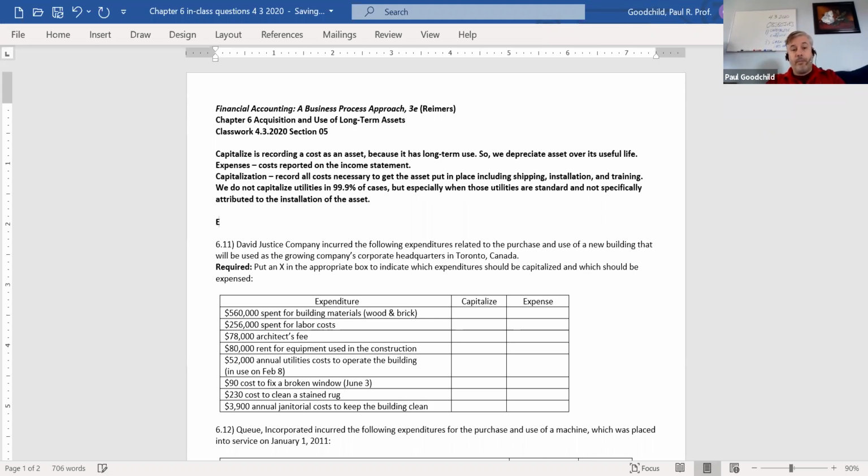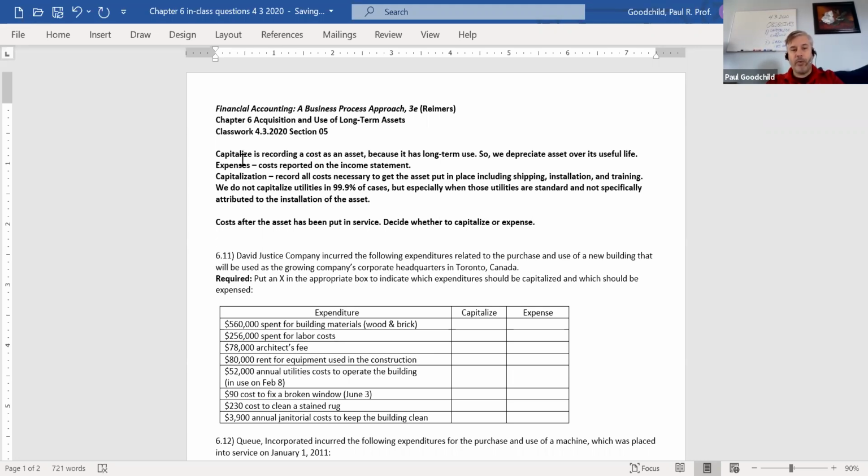So now if we look at costs after the asset has been put in service, we still may have to decide whether to capitalize or expense.